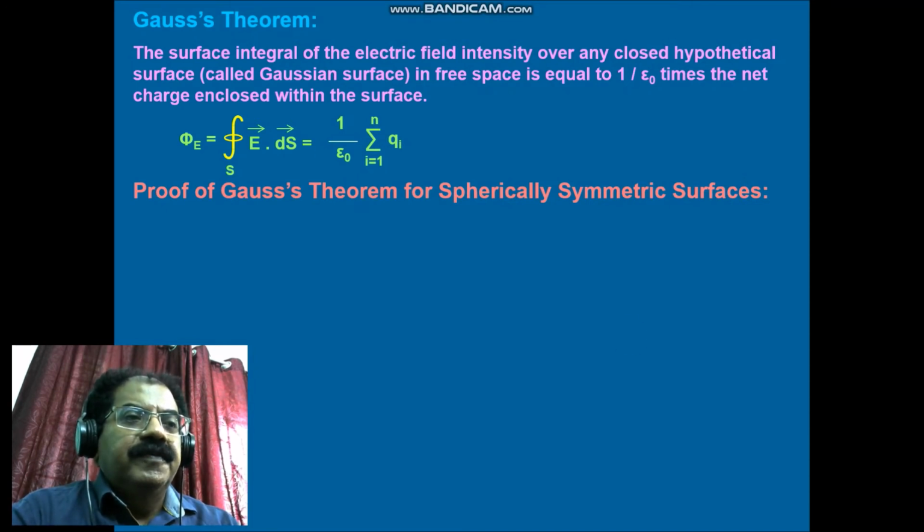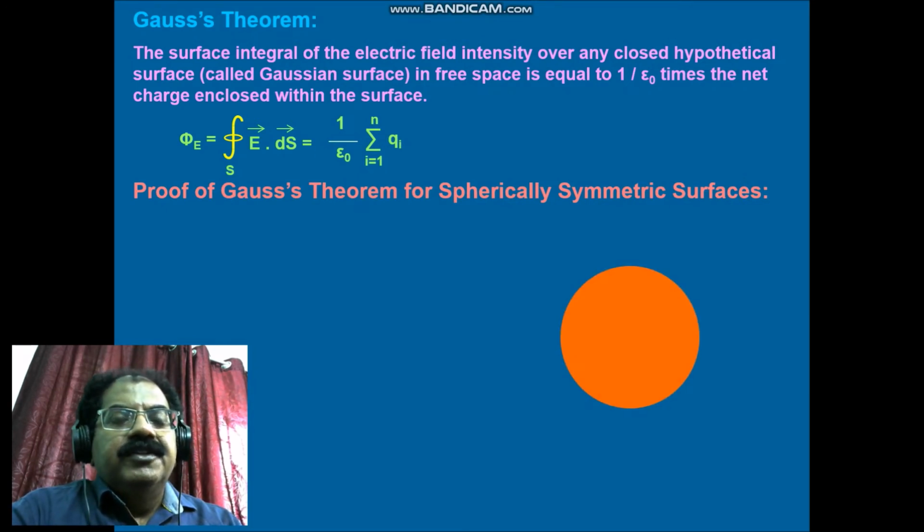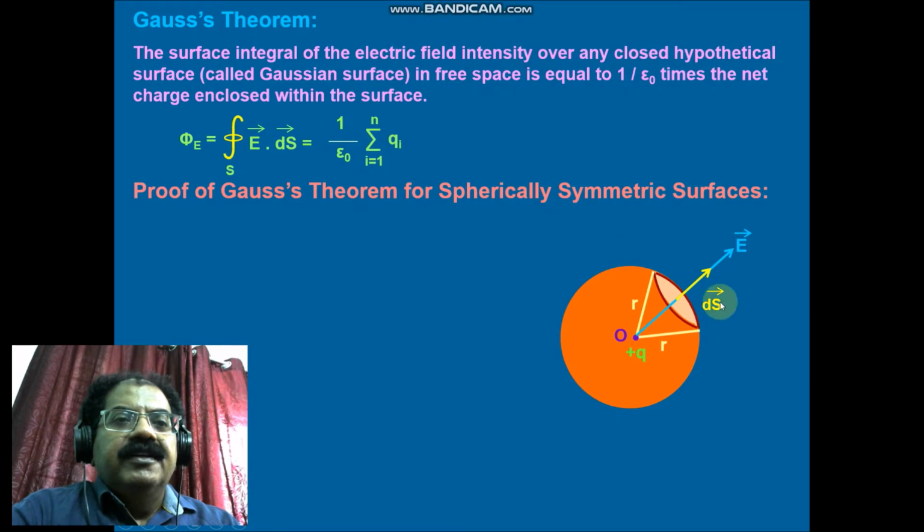How to prove it? Let me take one spherical surface, with its center at O, and the charge inside the spherical surface is say plus Q. Let me take a small area here, and this area is say ds. The direction of electric field is this way. Why?